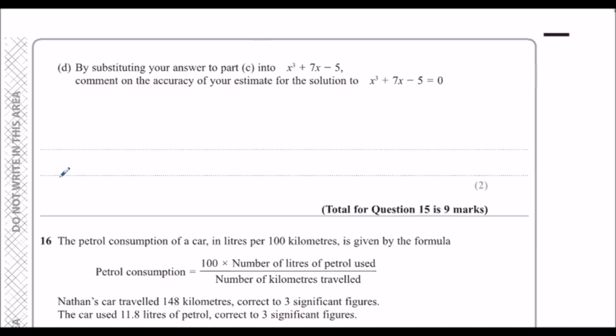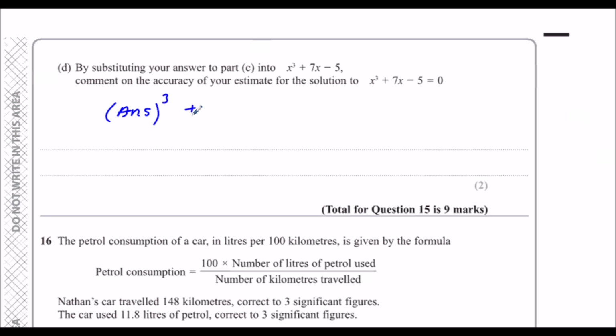By substituting your answer to part C into x cubed plus 7x minus 5, comment on the accuracy of your solution. So I've still got that in my calculator, so I can use the answer button again.